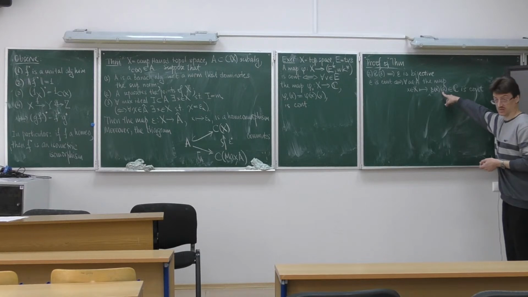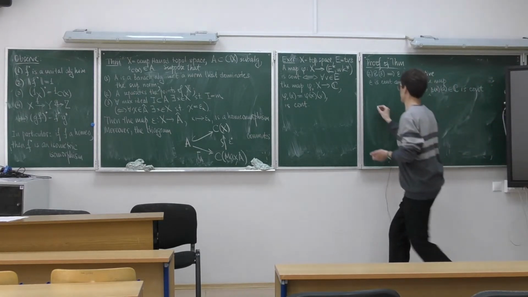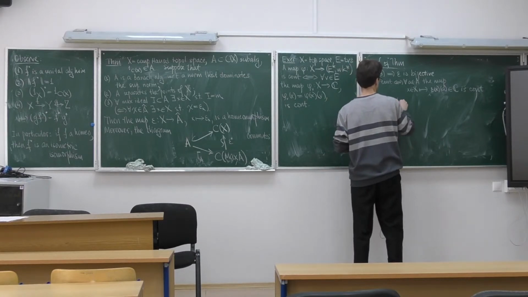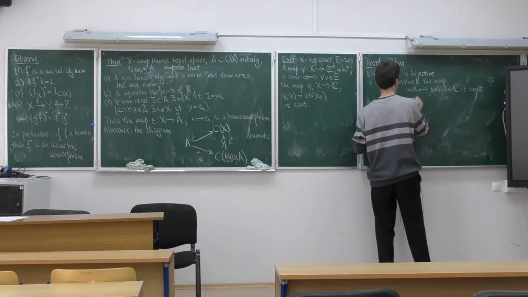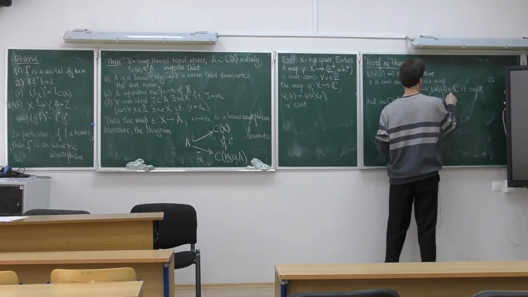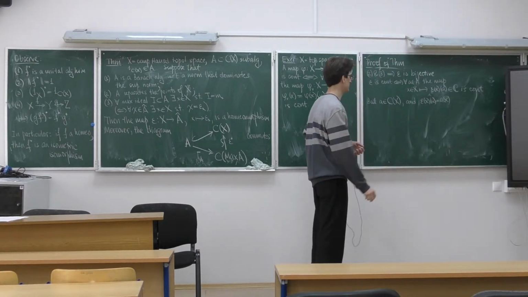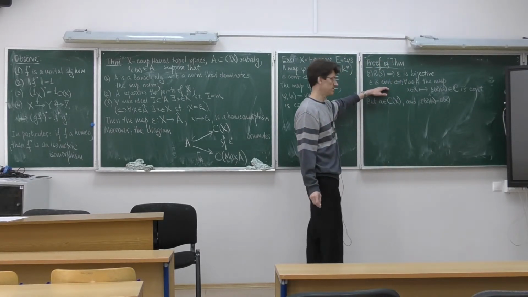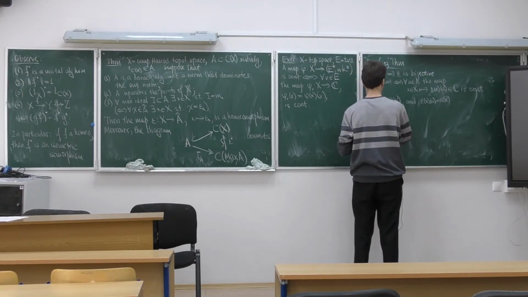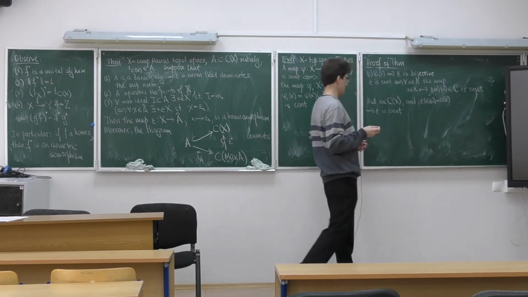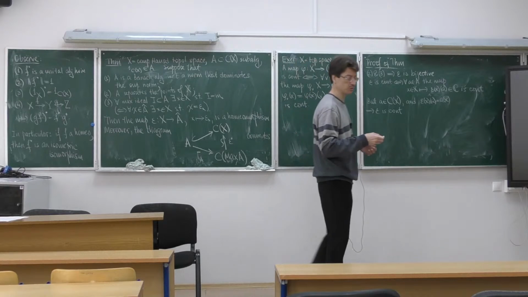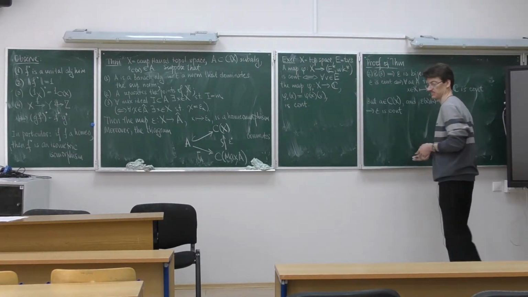But epsilon of x evaluated at a is just a of x. And a is assumed to be continuous. So we see that epsilon is continuous. Well, epsilon is continuous, and it acts between compact Hausdorff topological spaces.